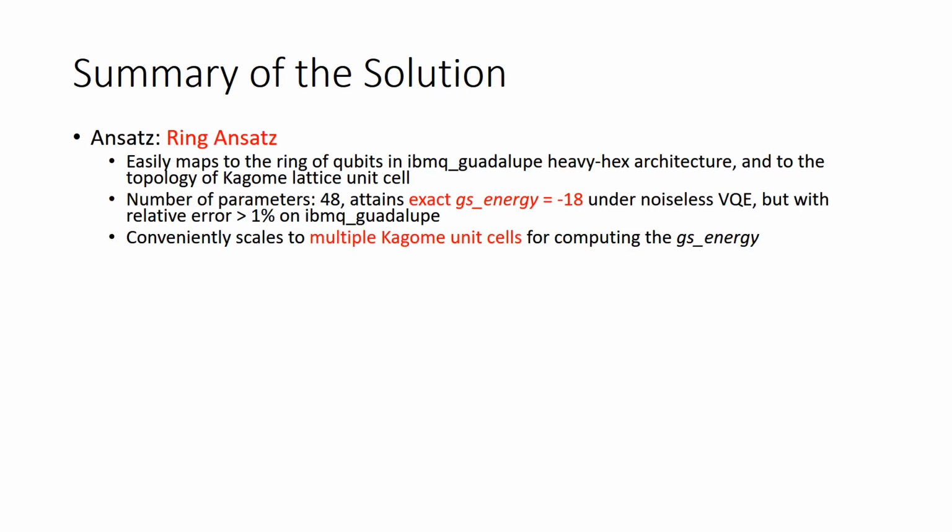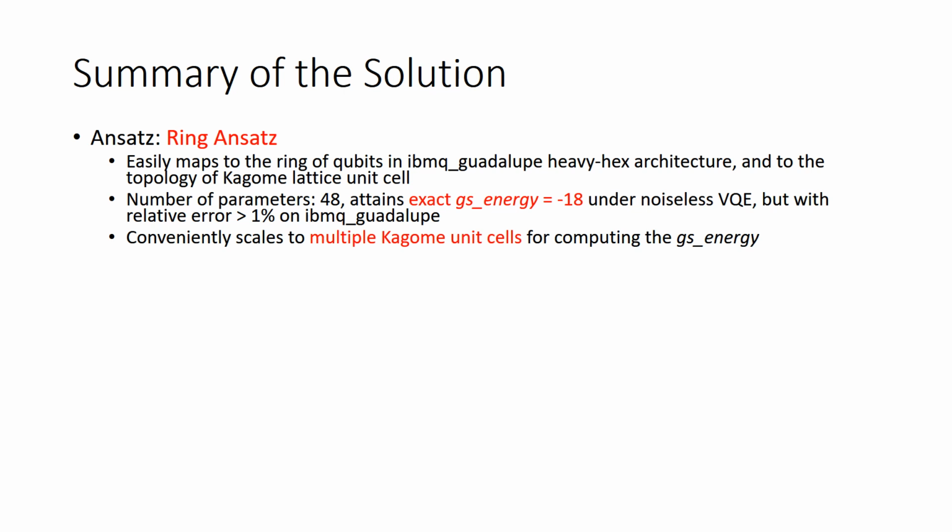So in order to summarize the important components of the solution, first, ansatz. I have used ring ansatz, which will be discussed in the next few slides, that conveniently maps to the IBM Q Guadalupe heavy hex architecture and also to the topology of the Kagome lattice unit cell.